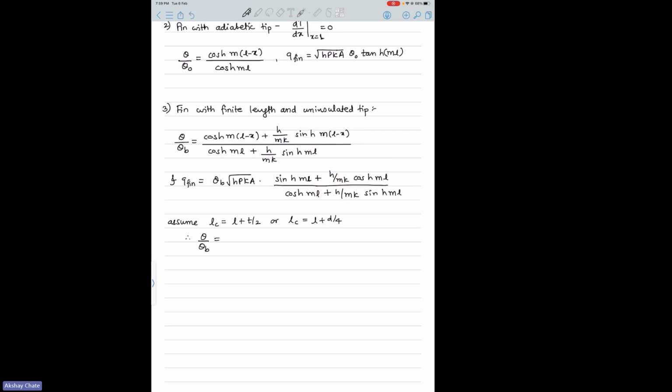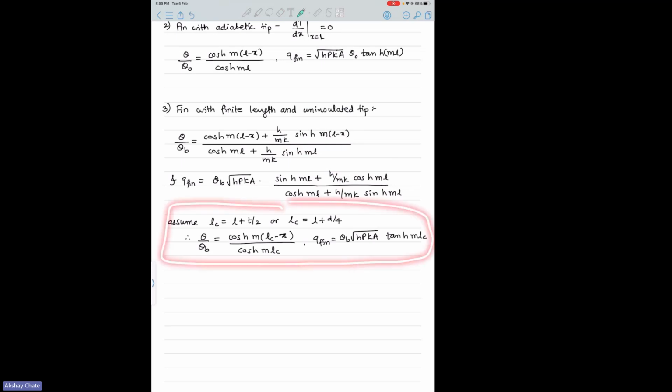In that case, it becomes cosh m(Lc minus x) divided by cosh m Lc, and Q fin becomes theta b root hpkA into tanh m Lc. See, again, this is an approximate solution because you introduce some corrected length and you neglect these last terms here.